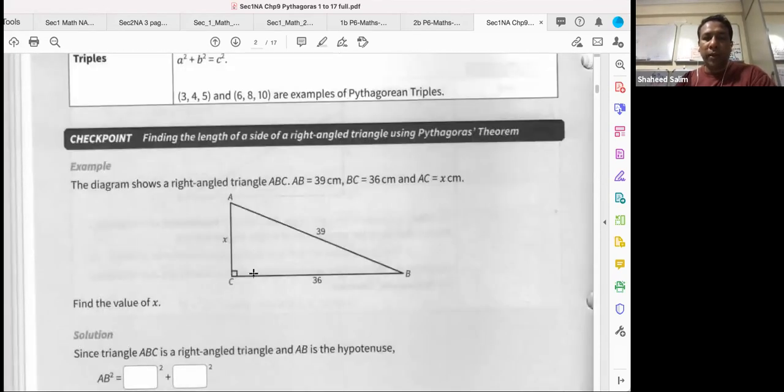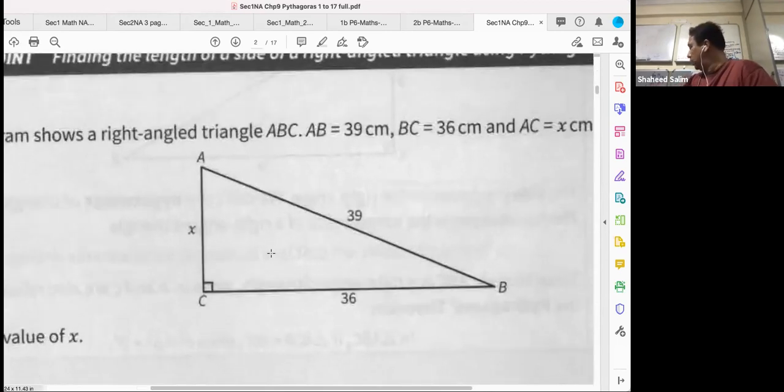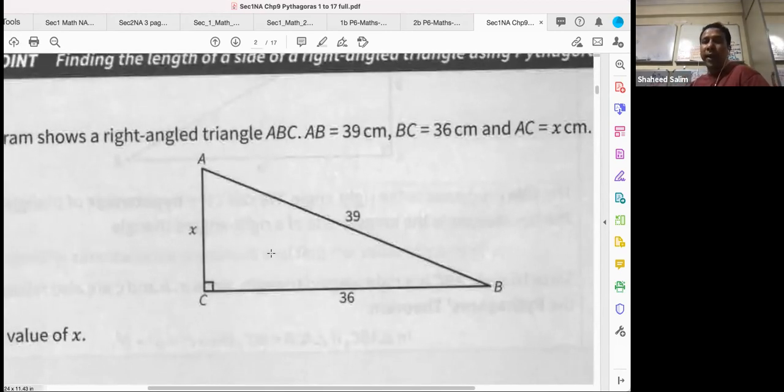Okay, you try this one now. Using your calculator, you want to find x, right?